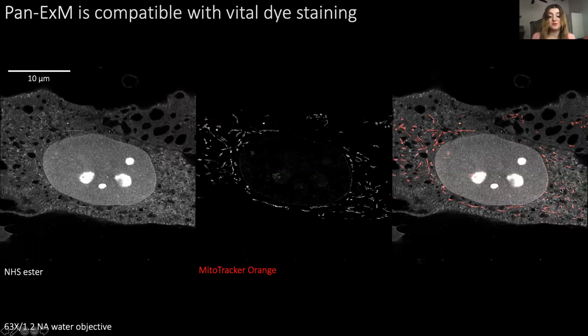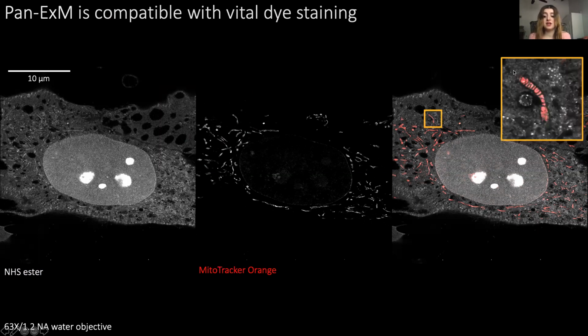Pan-ExM is also compatible with vital stains, such as MitoTracker Orange, a dye that covalently reacts with proteins on the mitochondria matrix in live cells. And we verify in this inset that NHS ester crystal-like patterns we routinely observe in our Pan-ExM images actually do correspond to mitochondria.